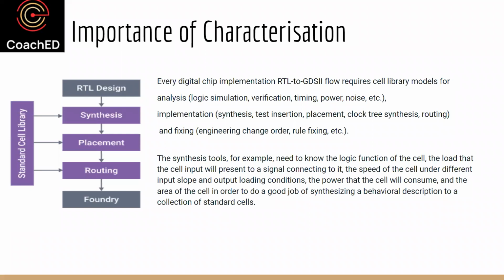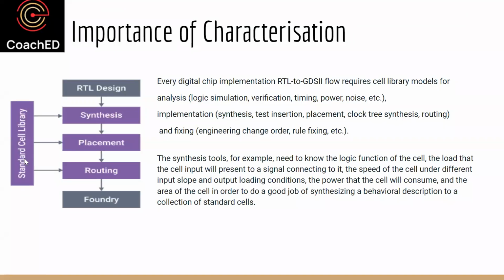So most of the timing and power is analyzed using these pre-characterized models, or .libs, and that is used in multiple different steps of the flow. You may have heard about synthesis, placement, routing that I touched upon briefly in the introductory session. All these steps require the standard cell library, or the pre-characterized library.